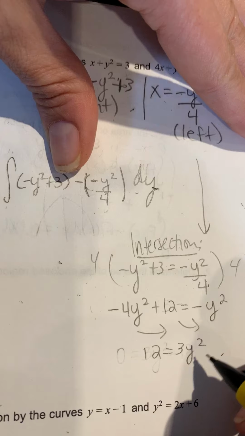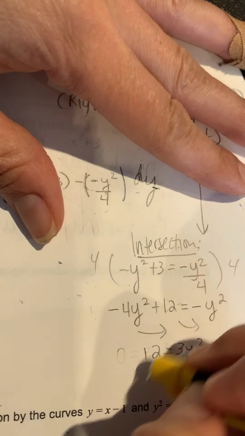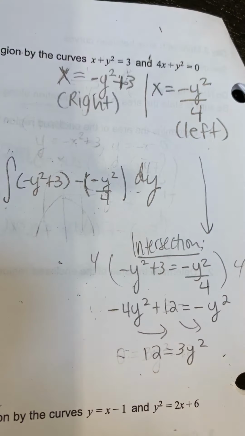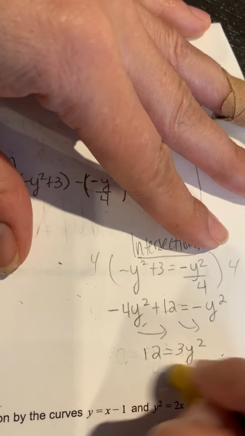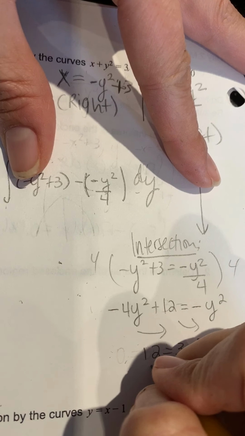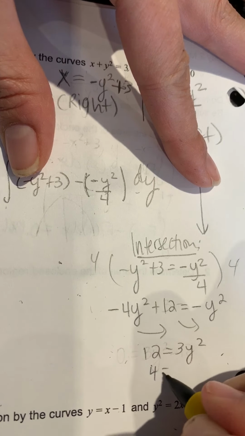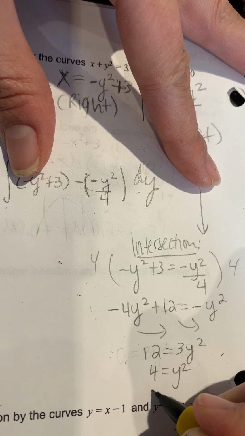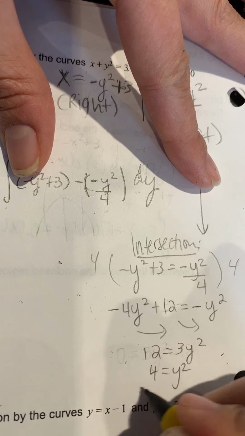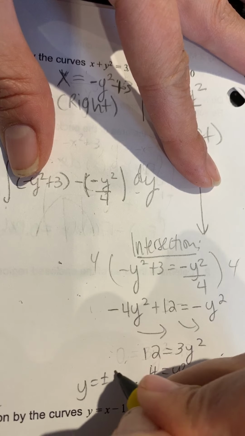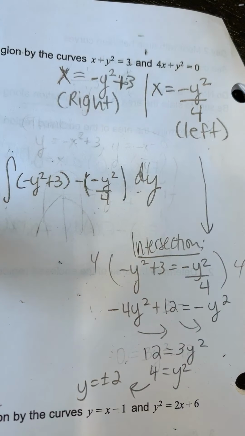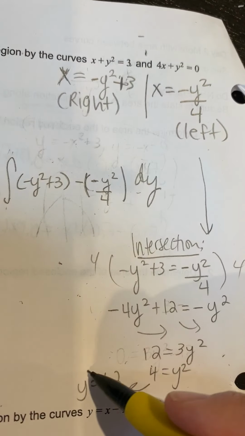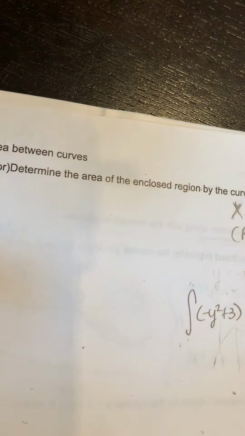If I have y and y squared, factoring has to happen. But if I just have y squared, I can isolate it and solve that way. So this is 12 divided by 3 is 4 equal to y squared. So y is equal to plus minus 2. Okay, so that takes me back to these numbers over here.